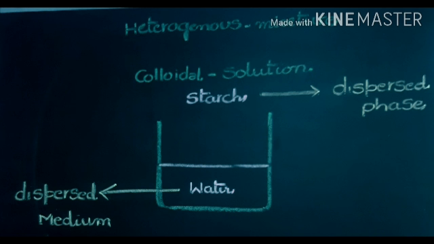Now, colloidal solution can be called a heterogeneous mixture, but it appears as a homogeneous mixture. And colloidal solution consists of dispersed phase and dispersion medium. What is dispersed phase? The dispersed phase is the particle in a system dispersed throughout the medium. Of course, dispersed phase can be called the internal phase. So, why do the particles get dispersed?